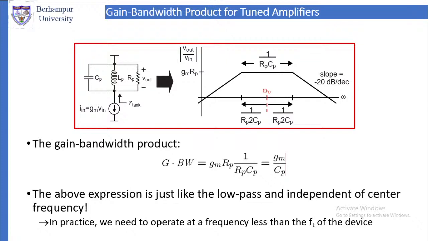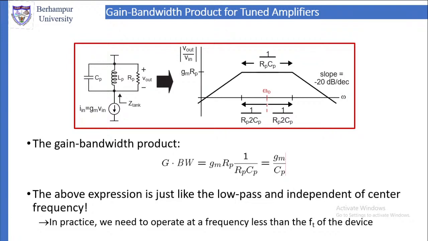When it is at resonance, the currents through Lp and Cp cancel. So only current will be through Rp. So the total current will go through the resistance. Therefore, the current through Rp is I in. At resonance, remember, not always, only at resonance, the current through Rp is I in.